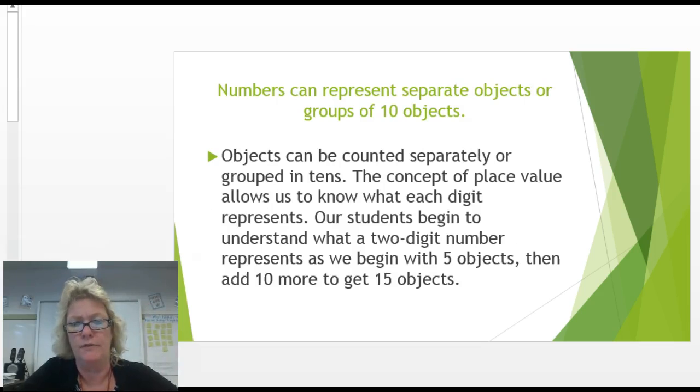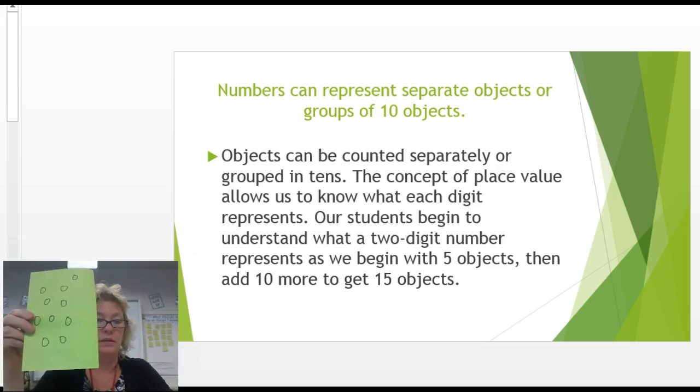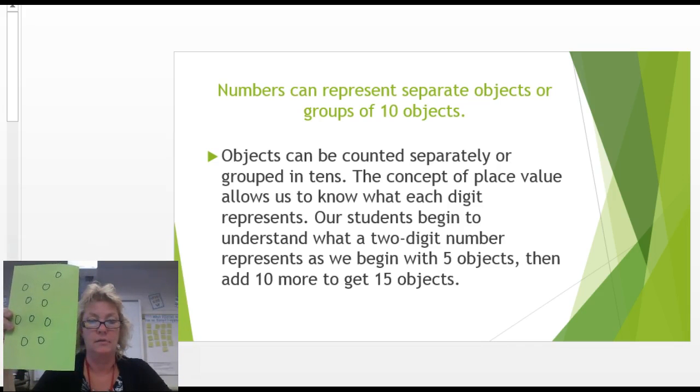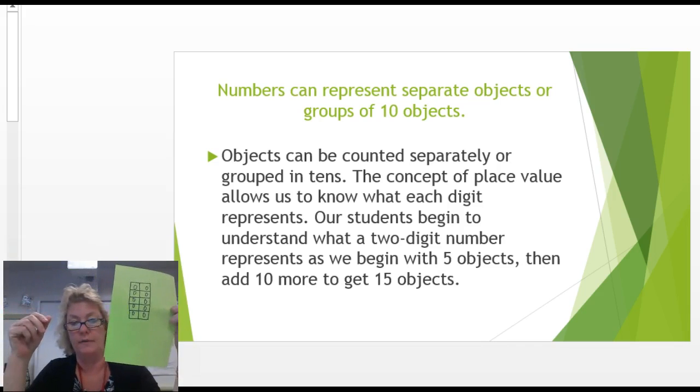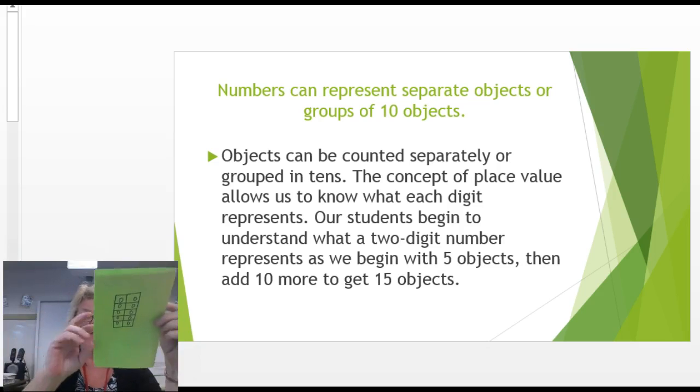Now, the first one we were talking about: objects can be counted separately or in groups of 10. When we're talking about our objects being counted separately, of course we can have them like this, or we can have them like this. Our students begin to understand what a 2-digit number represents as we begin with 5 objects.